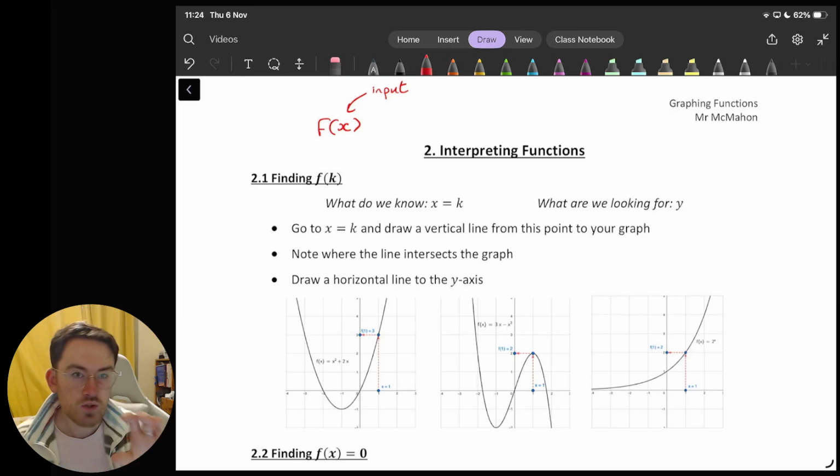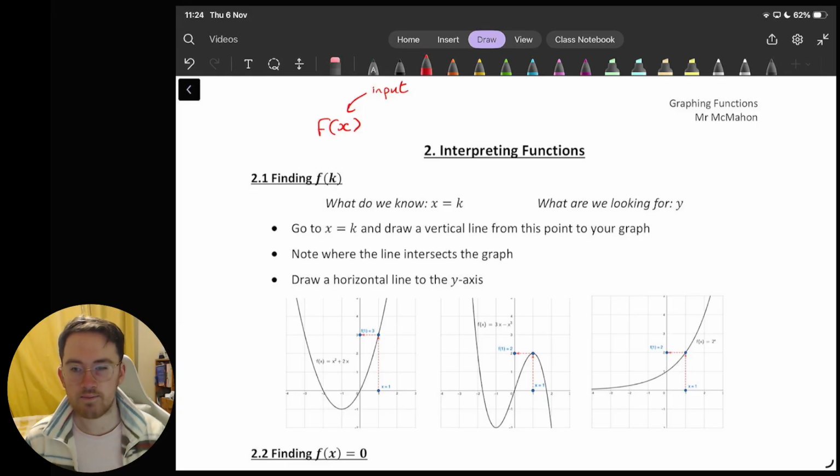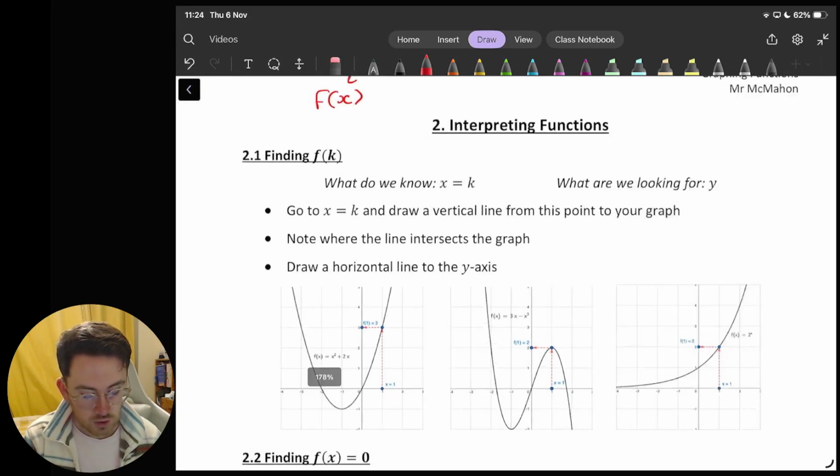So instead of using the actual algebraic function, we want to use the fact that every function is made up of points, of x's and y's, inputs and outputs that are plotted on a graph. So if we know one of those, either the input or the output, we should be able to use the graph to identify the other. So in this case, if we know the input, we can go to that input.